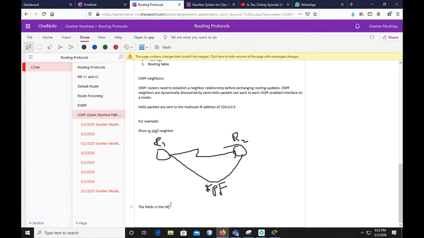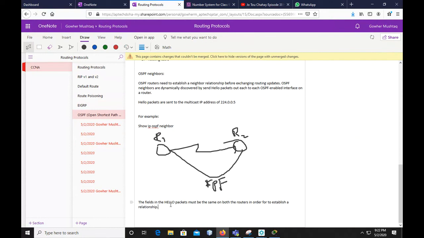The fields in the hello packets must be the same on both the routers in order to establish a neighbor relationship.